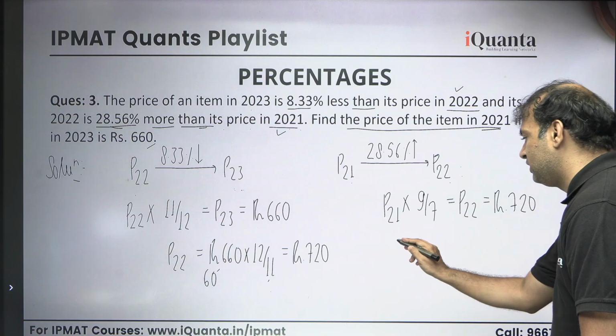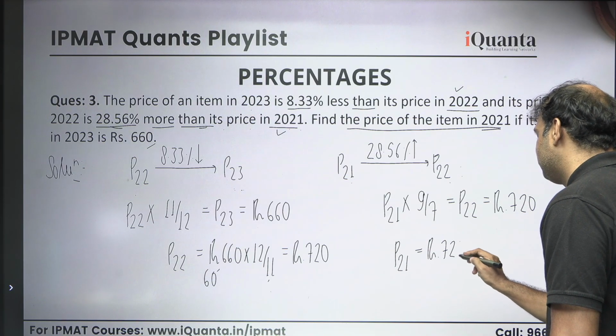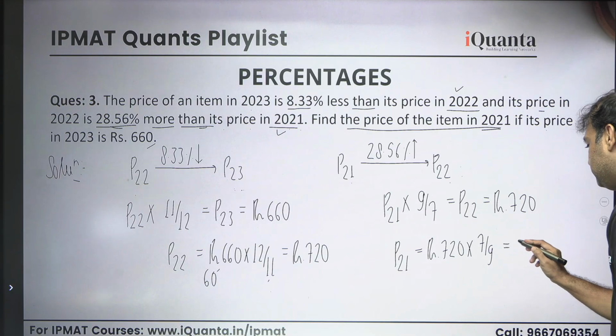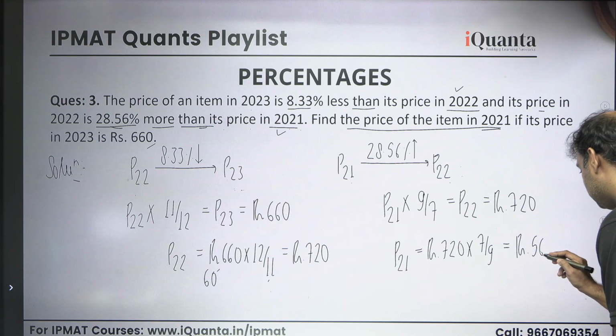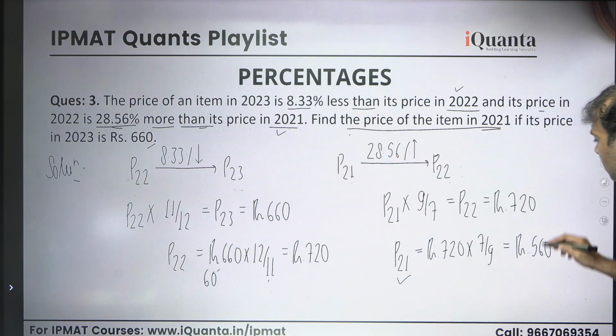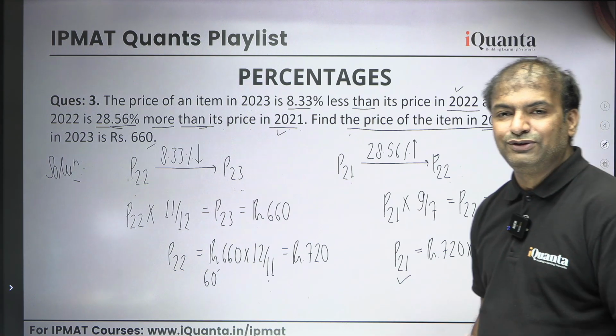So what should be the price in 2021? It should be 720 into 7 by 9, all right. So 720 upon 9 has to be 80, and 80 into 7 has to be 560, that's it, right? So this was the final question, to find the price in 2021, which came as 560, the final answer. So this is how we can solve this wonderful question, right?